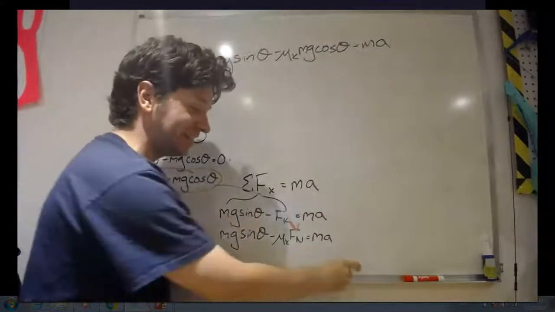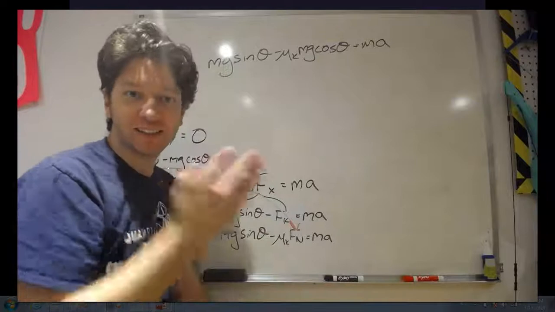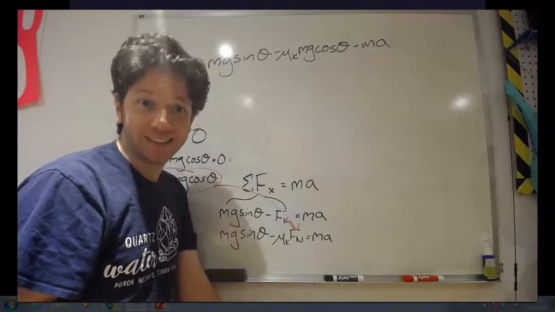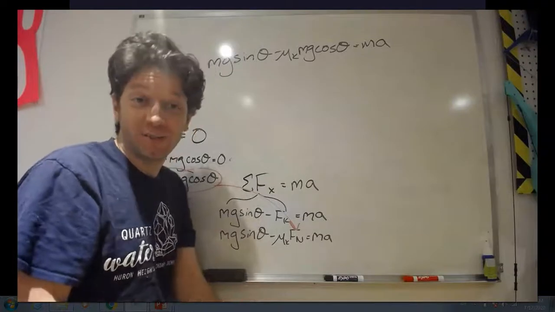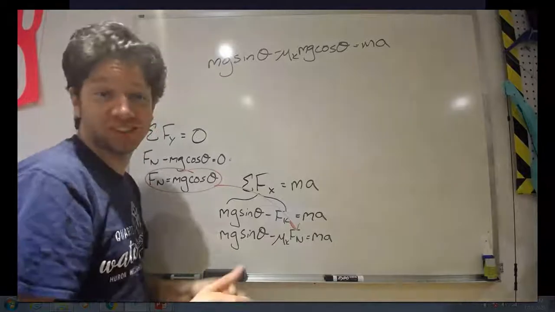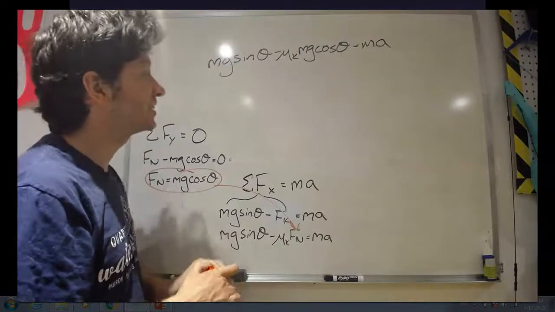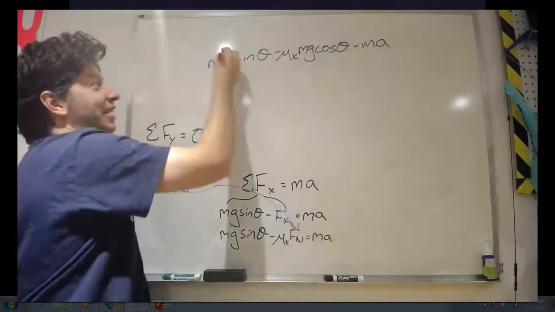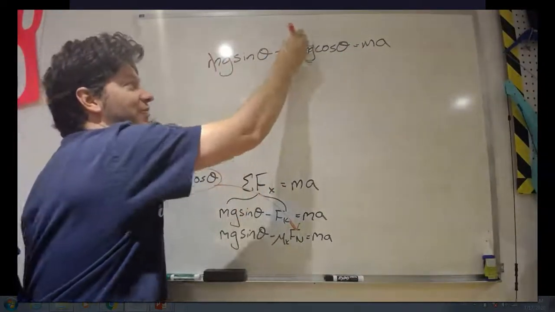Yesterday we did an example where if a block is sliding down a ramp with no friction, we said it doesn't matter what the mass is, it'll always accelerate at the same rate. Well, look at this. Now that we've added friction, there's still a mass in every single term in our equation, and so it's going to cancel.